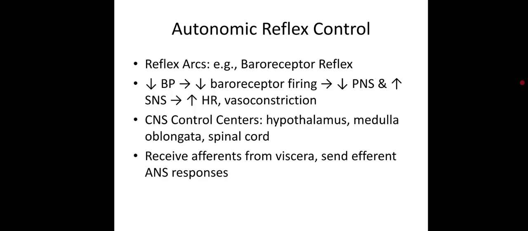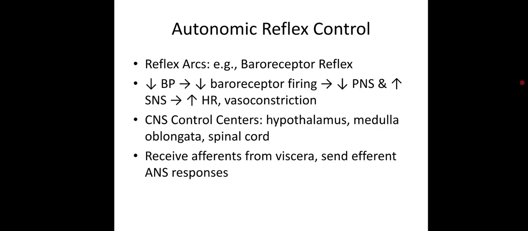Whenever there is a drop in the blood pressure, there is stimulation of the baroreceptors, and as a result, parasympathetic activity reduces and sympathetic activity increases, which leads to increased heart rate, meaning tachycardia, and vasoconstriction, overall leading towards increased blood pressure.